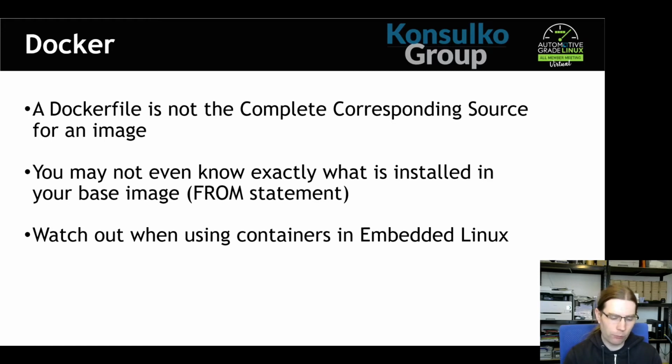If you've got some sort of FROM statement at the top of a Dockerfile that's basing your container image on some other container image, you might not even know exactly what is installed in this base image that you're using. Sometimes things are manually added to a container image without using package management, and that can make things very, very difficult. So what I would say is watch out when using containers in embedded Linux.